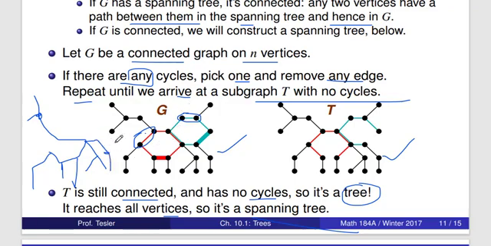In this graph, let's assume we have removed this, then here this, that, and that. This is also a tree. So if you remove one edge from each cycle, and the result is a tree, then it's called a spanning tree.